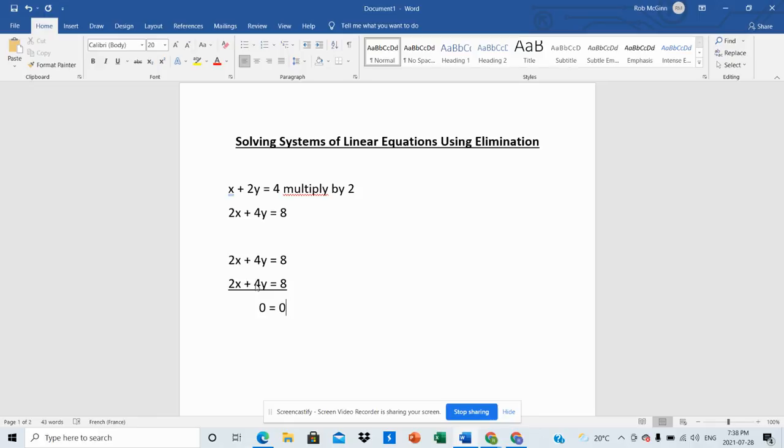So that tells us that this is the same line with an infinite number of solutions. And the reason I showed you this 0 equals 0 is because of what we'll see in the next example. It tells you when you'll have infinite solutions versus when you'll have no solution.